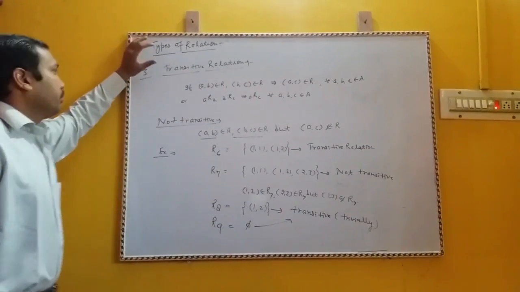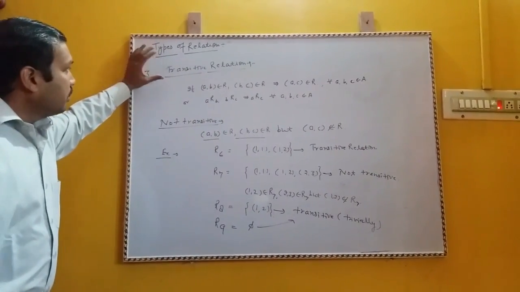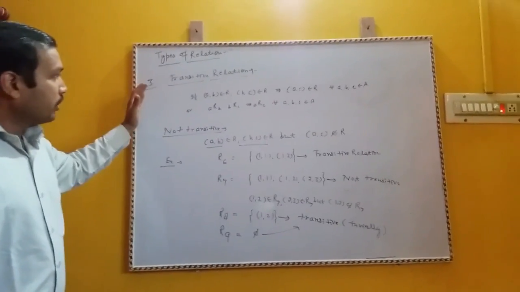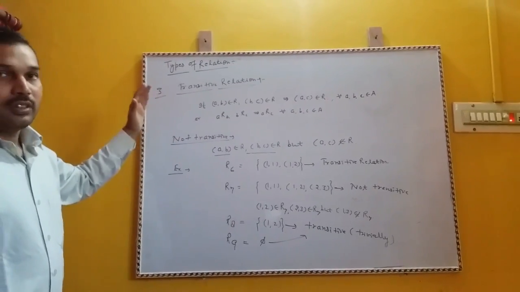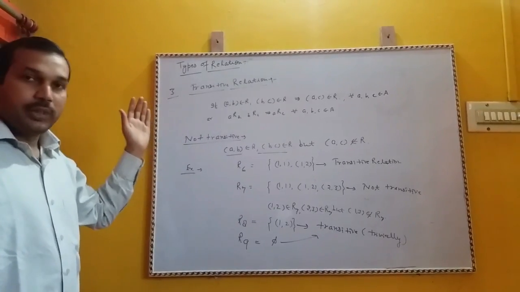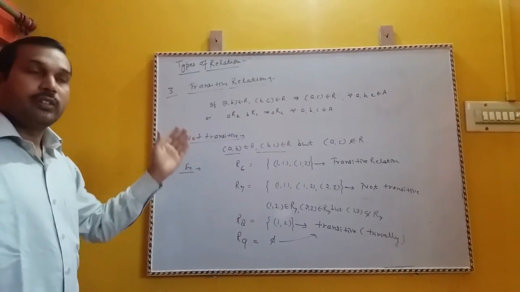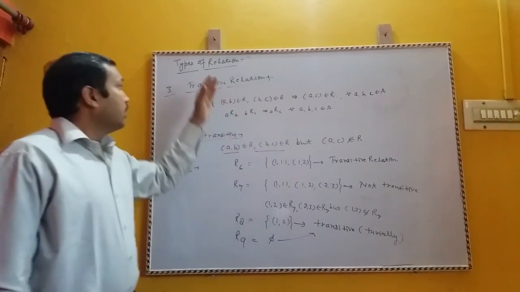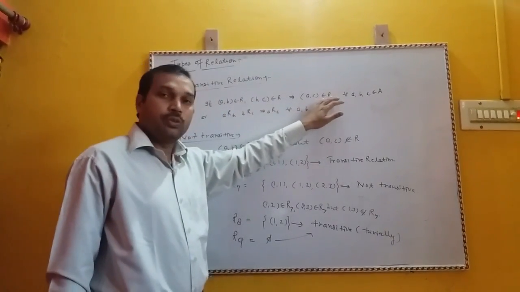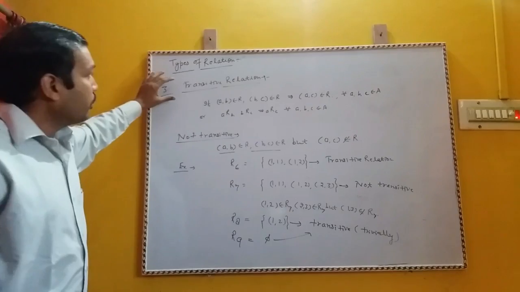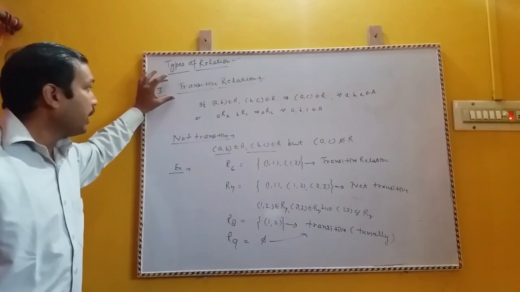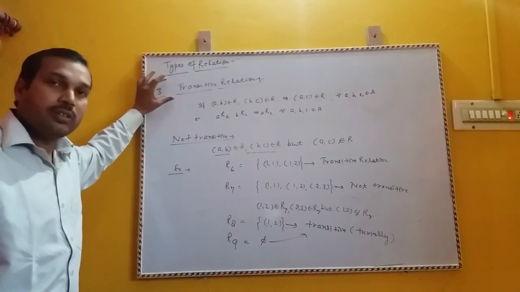Now, one important point about reflexive, symmetric, and transitive. In reflexive relation, we have seen every element has its mirror image. In symmetric, we have seen if (A, B) belongs to R, then (B, A) belongs to R. And in transitive, (A, B) belongs to R, (B, C) belongs to R, implies (A, C) belongs to R. The important point is that a relation may be either reflexive or symmetric or transitive.